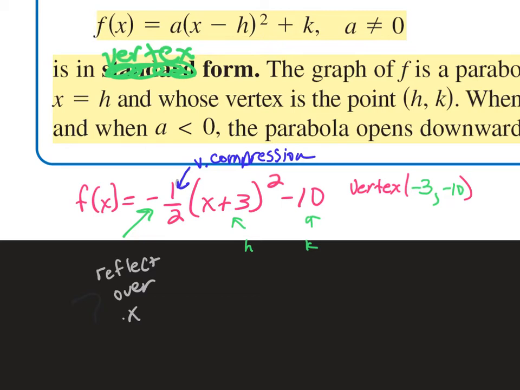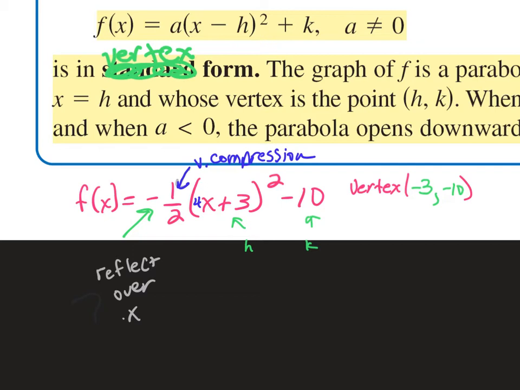Miss Meadows? Yes. If you have a number in front of the x, did you cover that? Sorry. That's going to be our horizontal compressions and stretches. We're not going to get into that right now. Isabella just asked, I'll just say it real quick. If there was a number here, like say this was a 4, that would be your horizontal, because it's inside with the x.